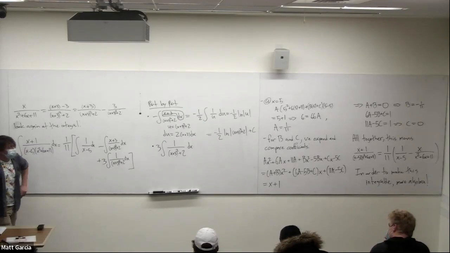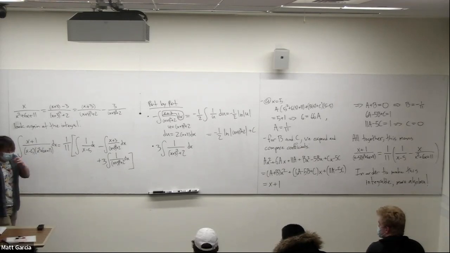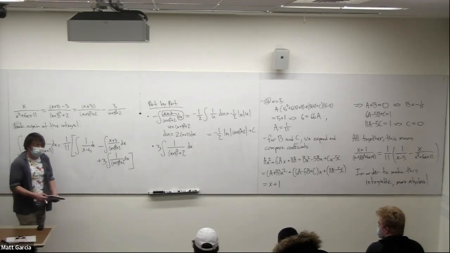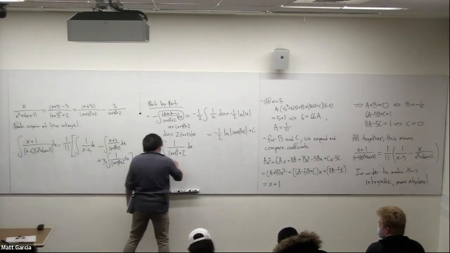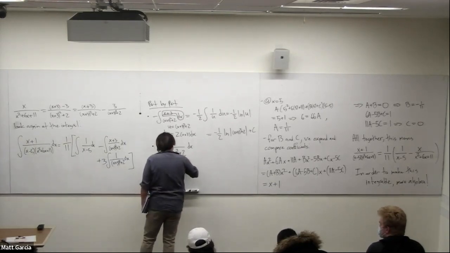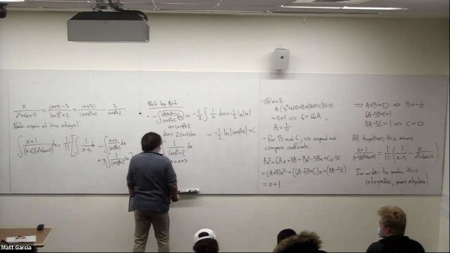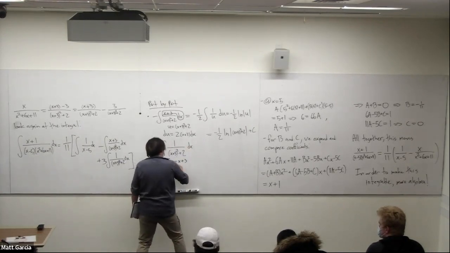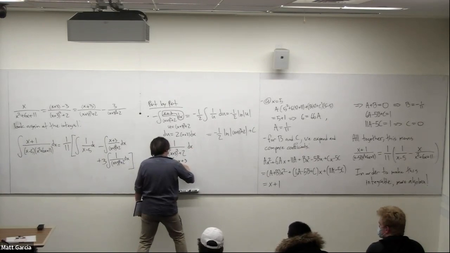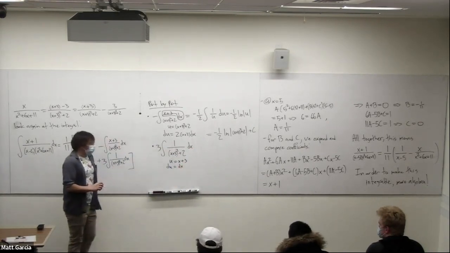What should we use as u this time? X plus 3, an interesting suggestion. Let's give it a try and see what happens. So we let u equal x plus 3, then du is equal to dx, right? The derivative of x plus 3 is just 1.